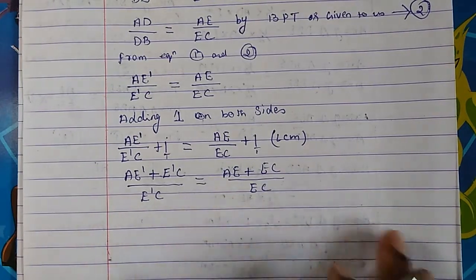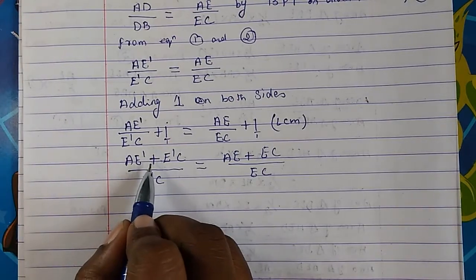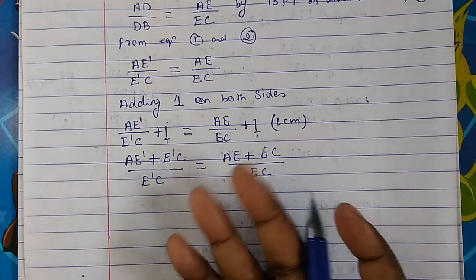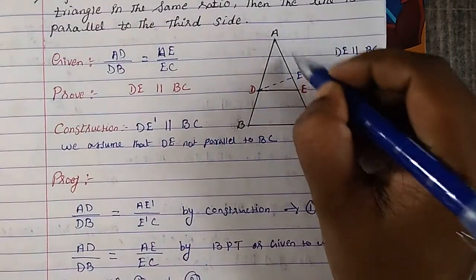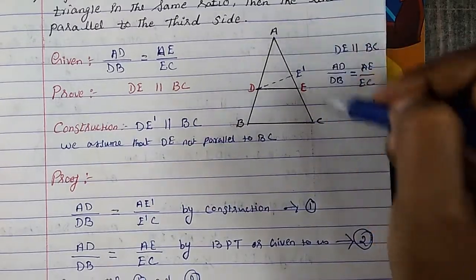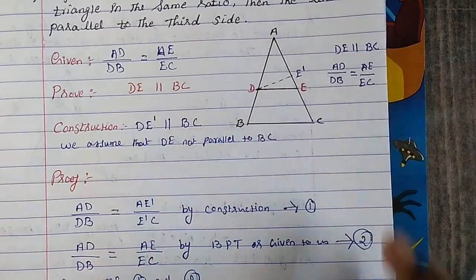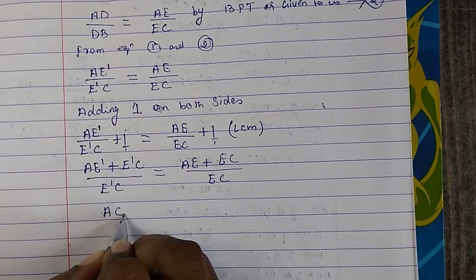So same way here also AE plus EC, then EC. Okay, so now look at this, AE dash plus E dash C is what actually? It is actually AC only. So can we write here instead of this AC?